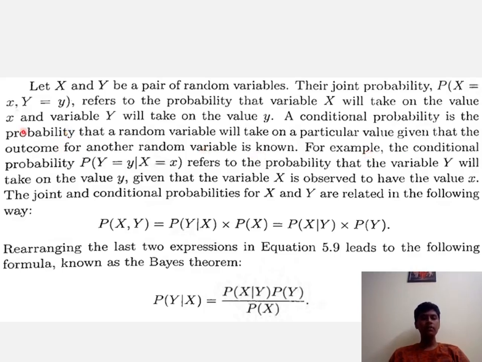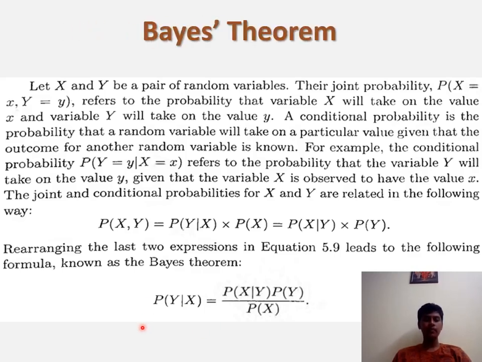For example, P(Y = y | X = x) refers to the probability that variable Y takes on the value y given that variable X is observed to have the value x. The joint and conditional probabilities for X and Y are related as follows: P(X, Y) = P(Y | X) P(X) = P(X | Y) P(Y). By rearranging, we get this formula, which is called Bayes theorem, which I explained earlier.